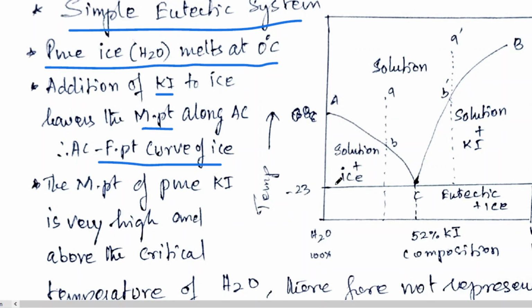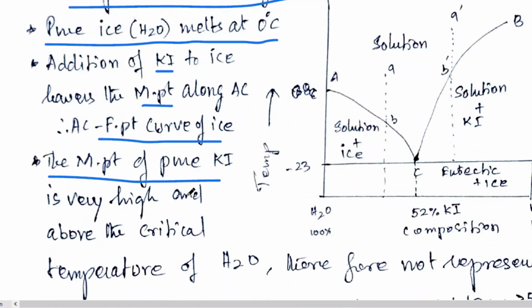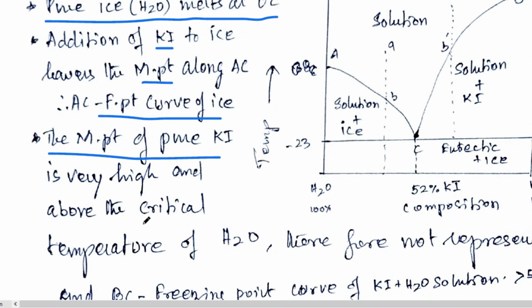Similarly, here there is one change apart from the lead silver system. We have seen that silver melts at 971 degrees there, but here there is a problem. We cannot represent the melting point of KI, because the melting point of KI is very high.